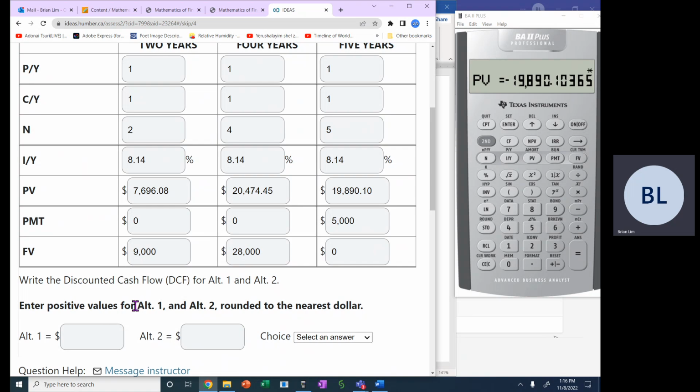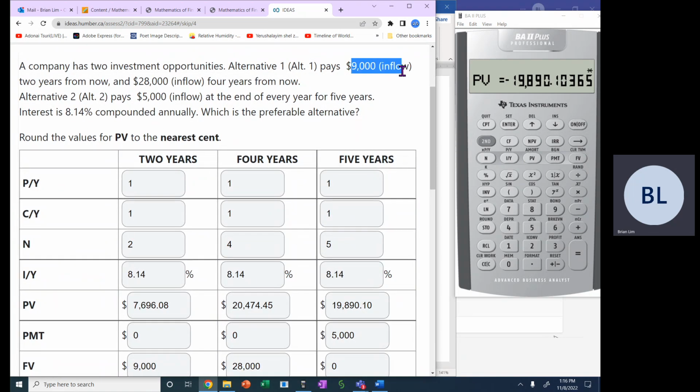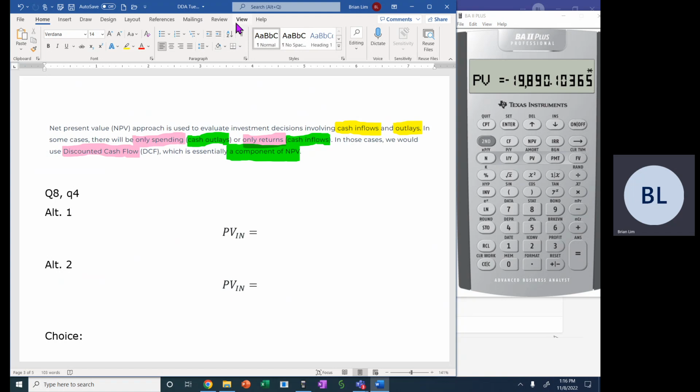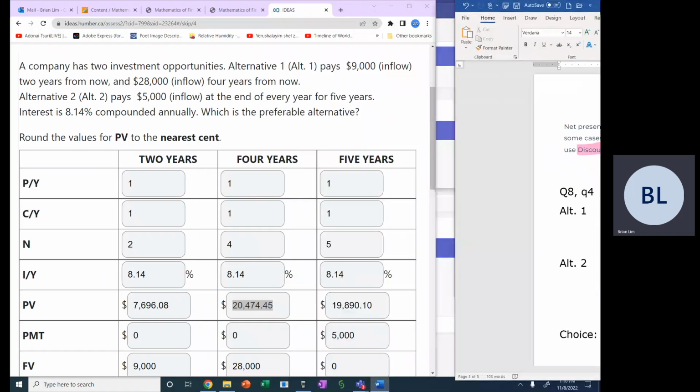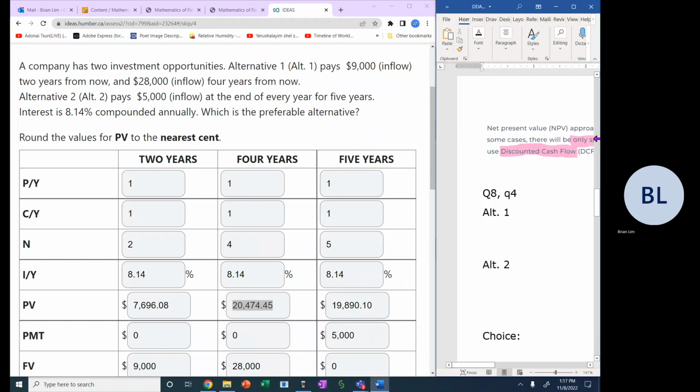Now for alternative 1, remember, we have 2 numbers, correct? It was 9,000 after 2 years from now, and 28,000 4 years from now. So this is the number 2 years from now, and this is the number 4 years from now. So to be correct, we should indeed add those numbers to get the correct number that we need.